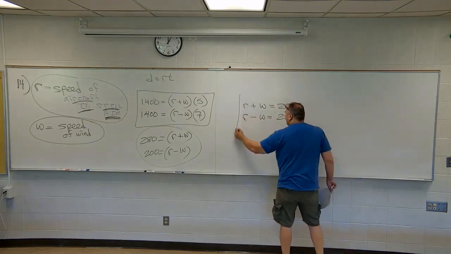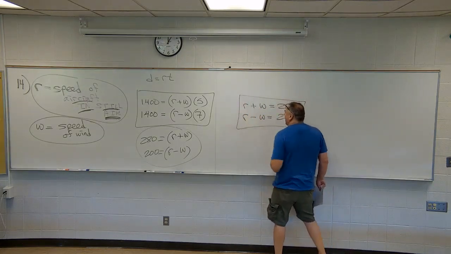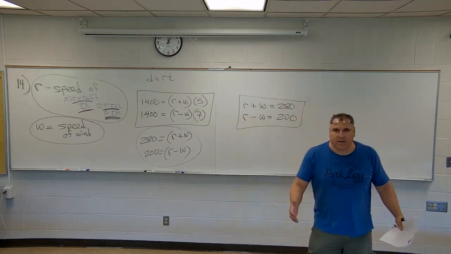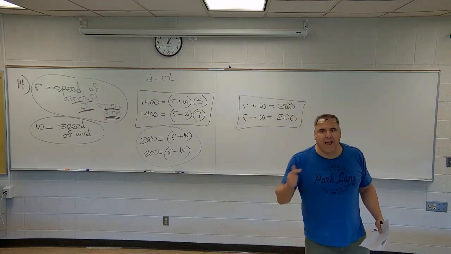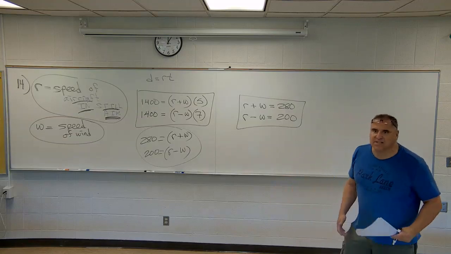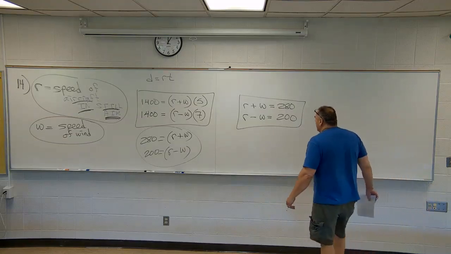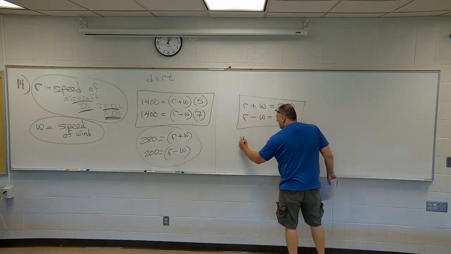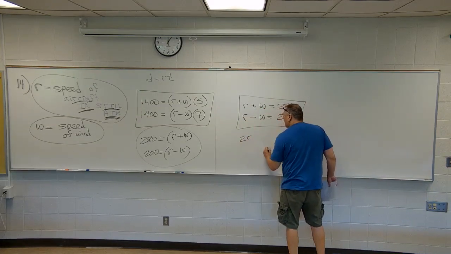Tell you what I'm going to do. A real easy way to go is this. They only ask for the wind speed, but we can get the speed in still air and we can get the wind speed. It's convenient to do so anyway. Why don't you take these two equations and add them together? R and R is 2R.